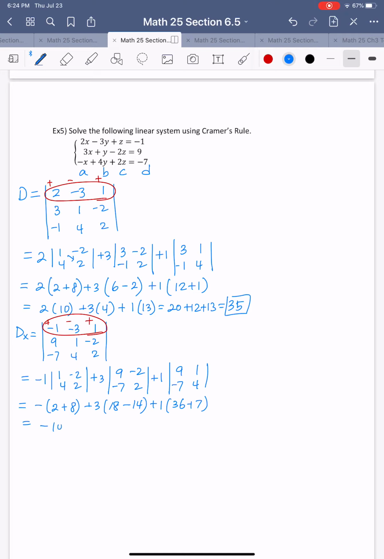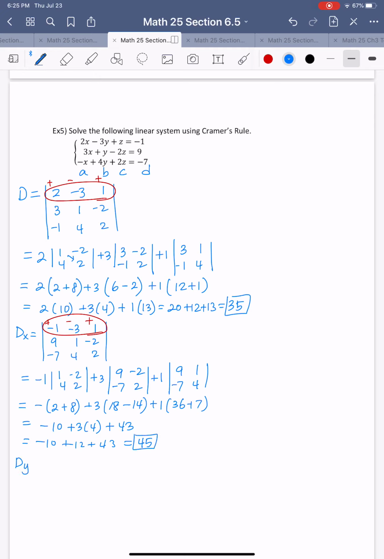So I got negative 10 plus 3 of 4 plus 43. So I got negative 10 plus 12 plus 43. Then I get 45.